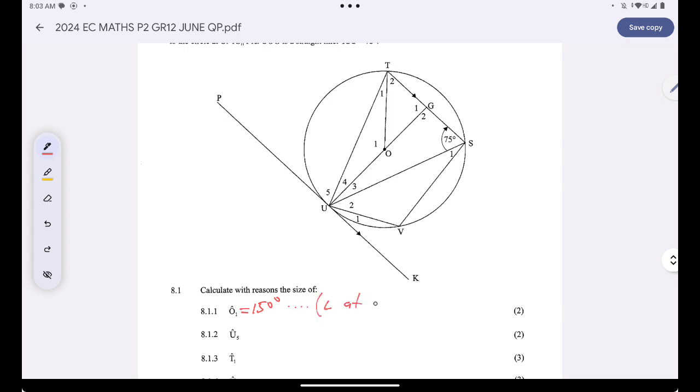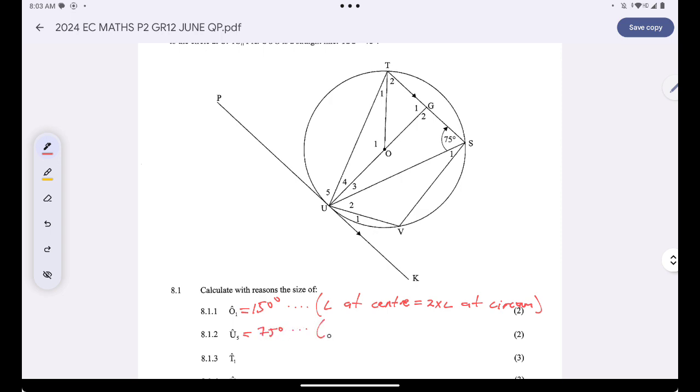Reason: angle at center is 2 times the angle at circumference. So they want me to find angle U5. Angle U5 is equal to 75 degrees.